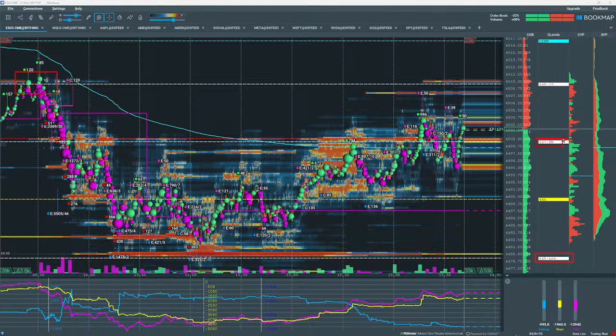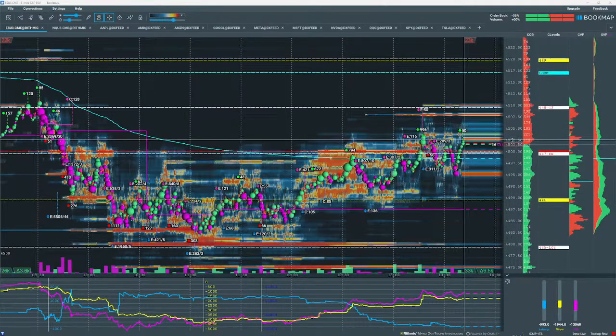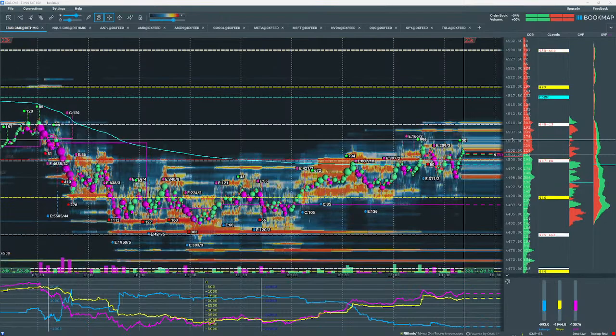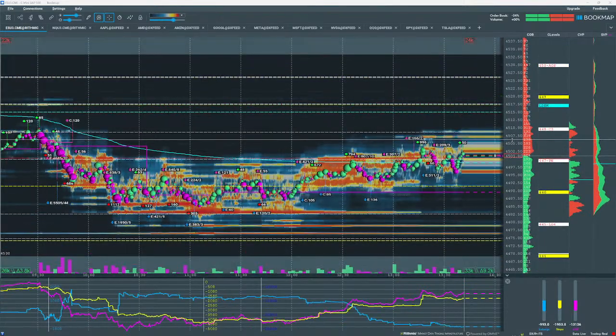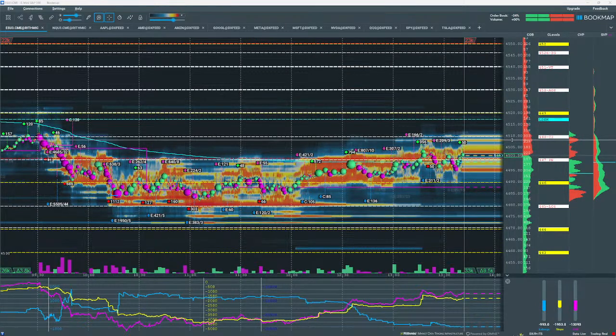Here's the SPY 447 put wall. And if I zoom a little bit, so right here, this is the SPY 451 volatility trigger, and there are two lines there.